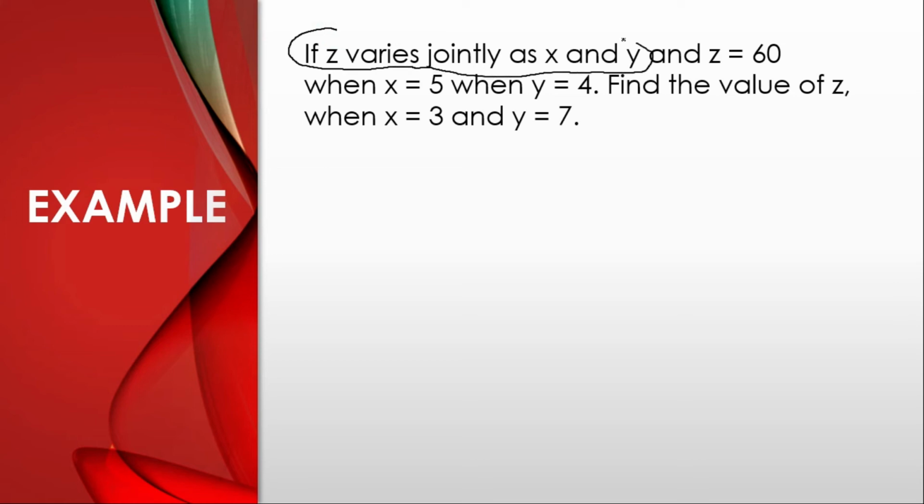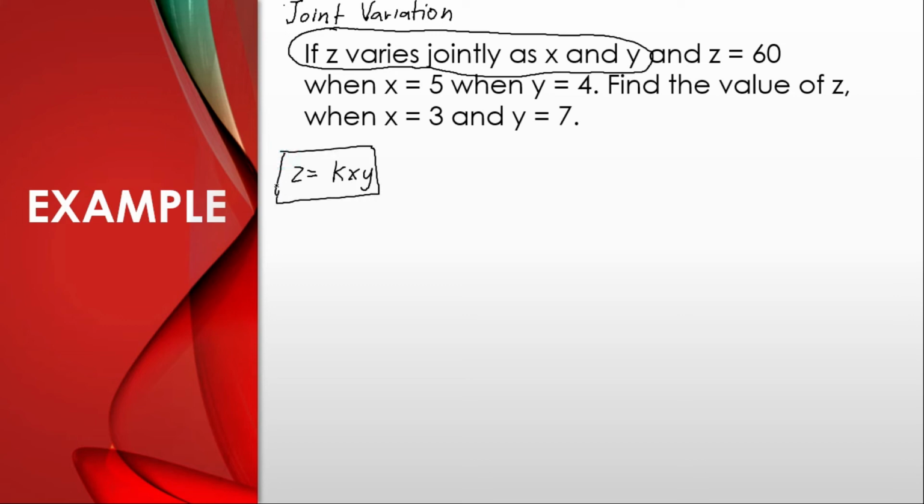Z varies jointly as x and y, ibig sabihin ito ay joint variation. Since joint variation, we can write this statement into z is equal to kxy. Okay, meron na tayong equation. Solve for k na tayo.